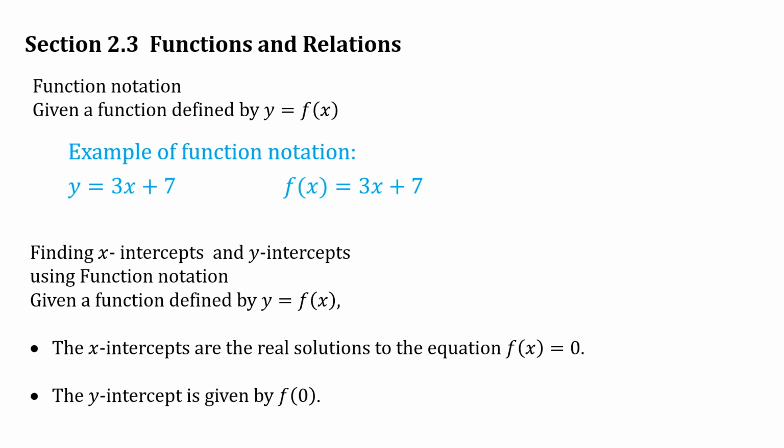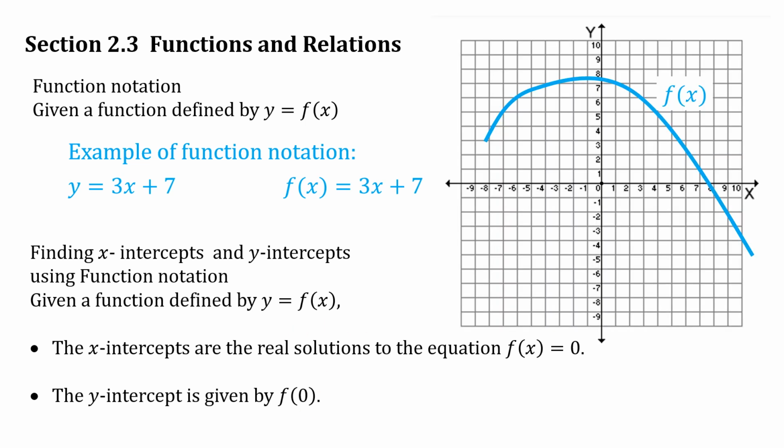If you have a function, you can find y-intercepts, x-intercepts. And what the function gives you back is the y. If you draw out your function as a picture, here is your function grinding up your x's and giving you back y's.